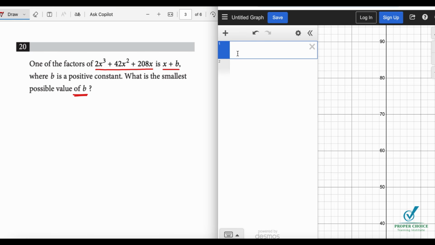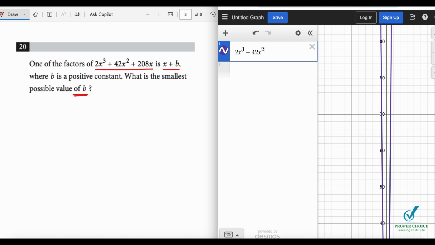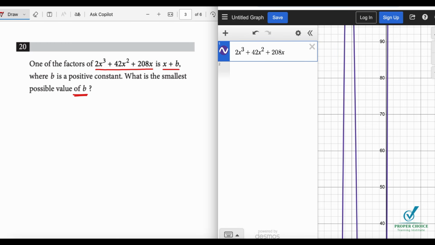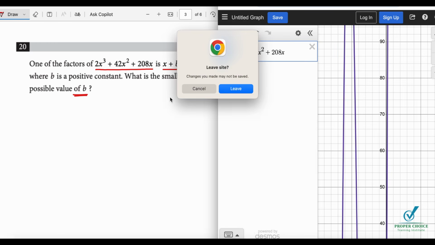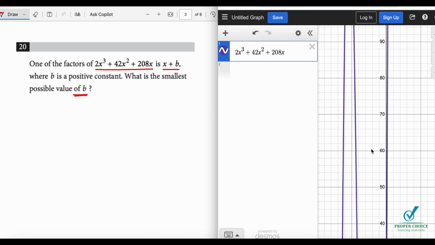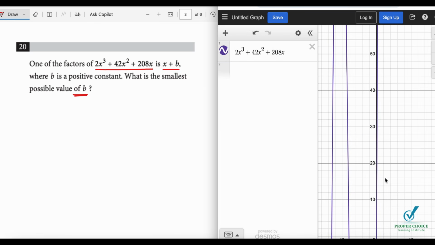Type it carefully. You can type y equals this whole thing, or simply type it the way it has been given, 2x cubed plus 42x squared plus 208x. You can see the graph, and you have to look at where it crosses the x-axis and at how many distinct points.